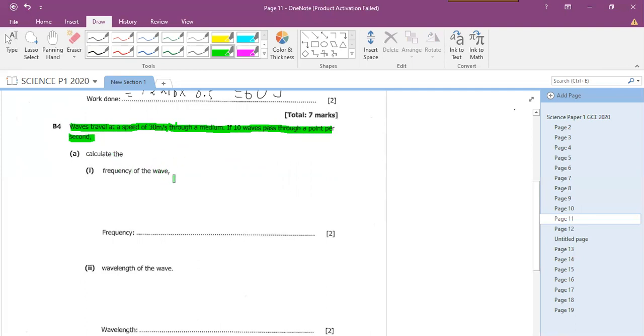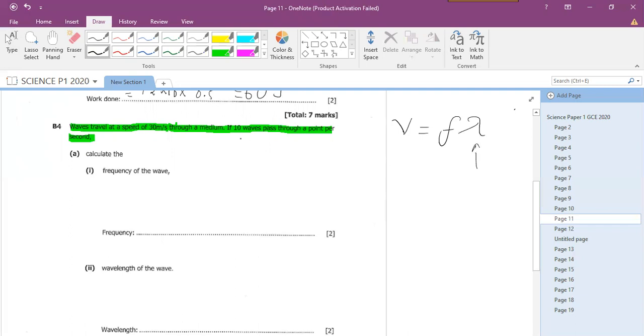Every time you see a question where you have speed and frequency, at some point you're going to use this equation: velocity is equal to the frequency, denoted by the small letter f, multiplied by the wavelength, denoted by the symbol lambda.